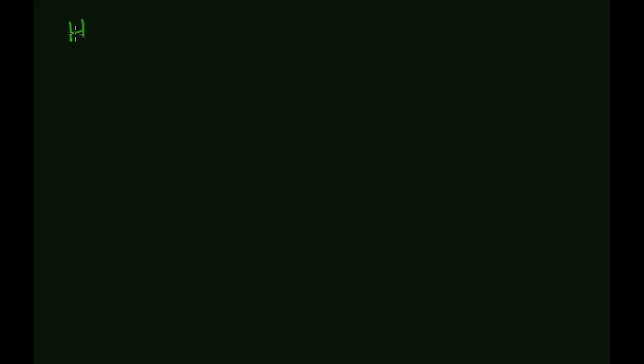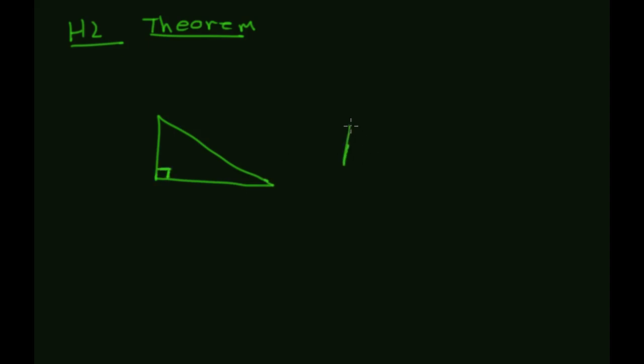Okay, so let's first state what the HL theorem says. It says that if I have two specifically right triangles, so this doesn't work for any triangle other than a right triangle, and the hypotenuses of these triangles are congruent, and one leg of the triangle is congruent, hence hypotenuse leg, then the triangles must be congruent.